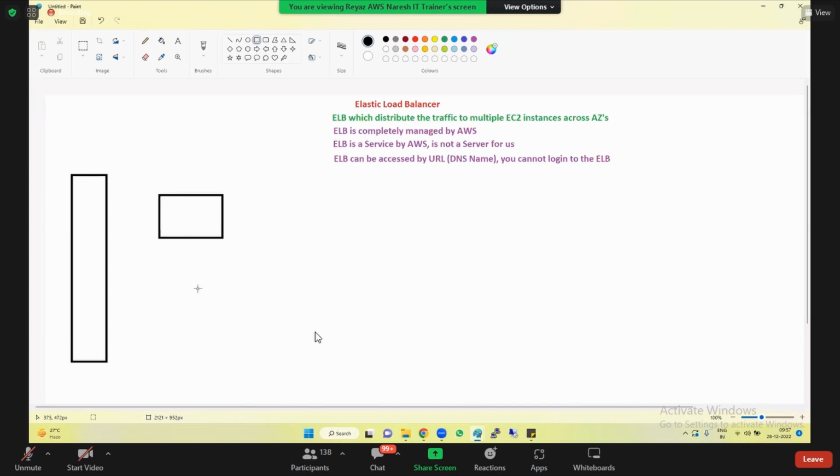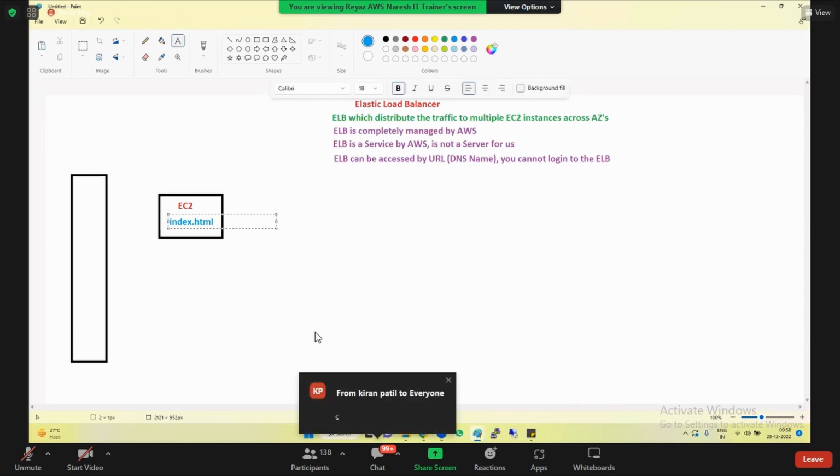Inside this, we should have an application, no? Instead of application, can I have some HTML file, index.html?